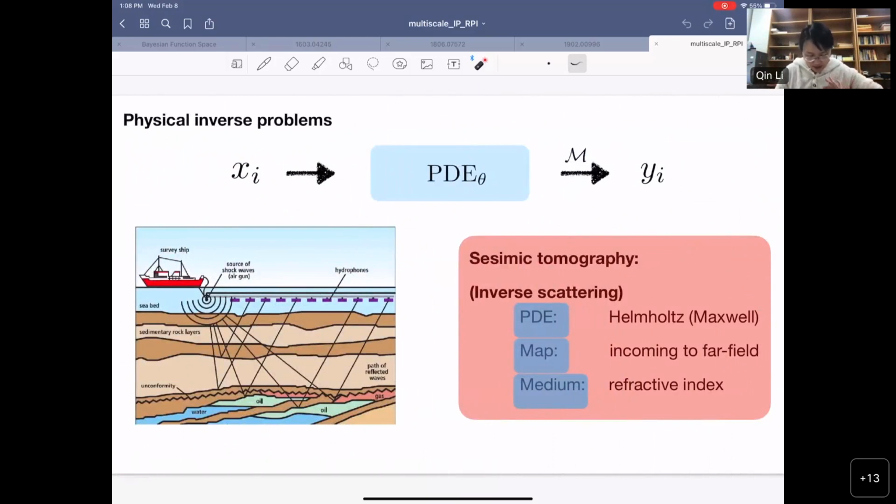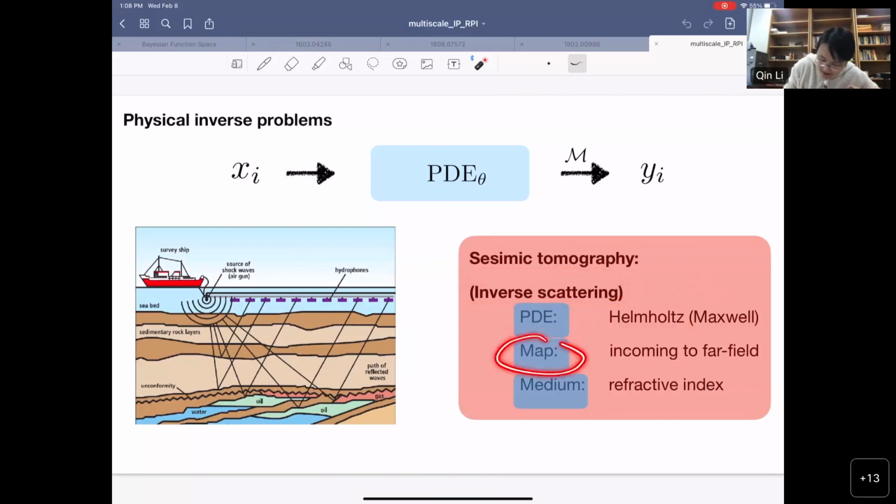Now I want to present you 3 particular inverse problems that are heavily studied in the community individually. So the first inverse problem is seismic tomography, and the mathematical name for it is inverse scattering. So the underlying partial differential equation is a Helmholtz equation, which is really the wave equation presented in the frequency domain.